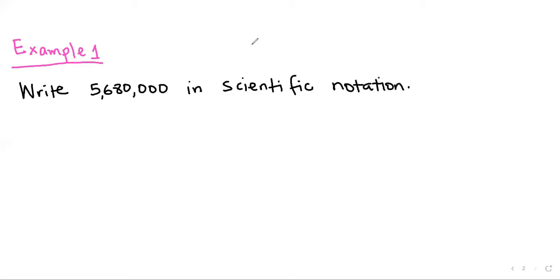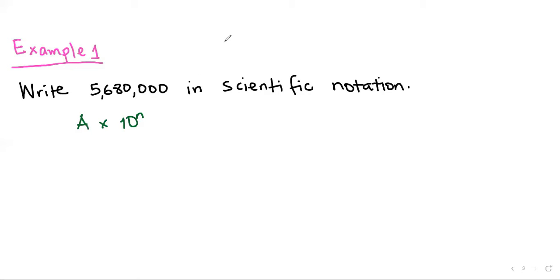Okay? Remember, to write a number in scientific notation, we must have it as A times 10 to the power of n. A is a number that is greater than or equal to 1, but less than 10. And n is a number that is an integer.